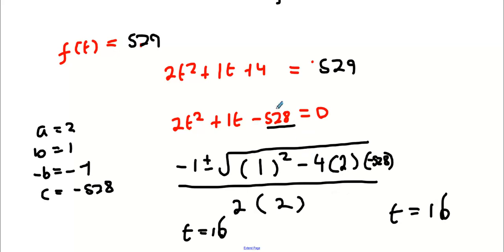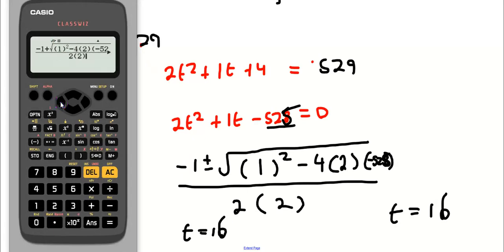The new C value is 525. Change that to a 5, and therefore it cannot be 16 on the money. It's impossible. 15.95, which is essentially the 16th hour. What happens in between the 15th and 16th hour? Yes. Is that okay?